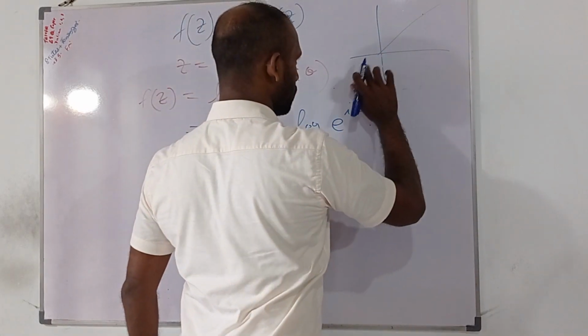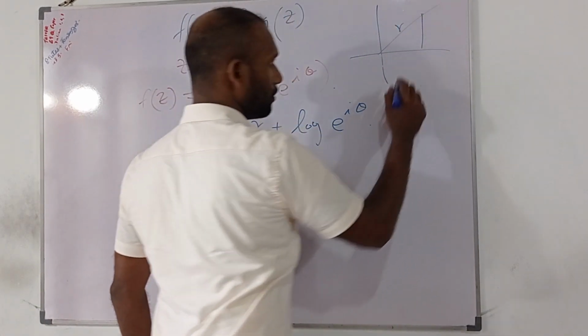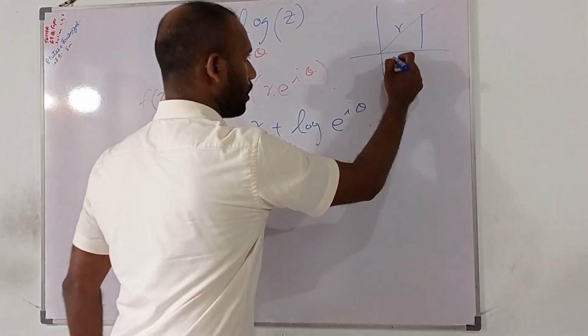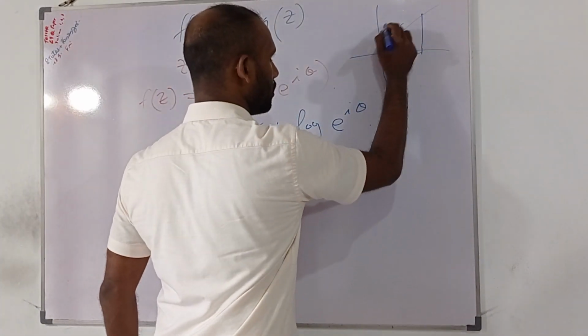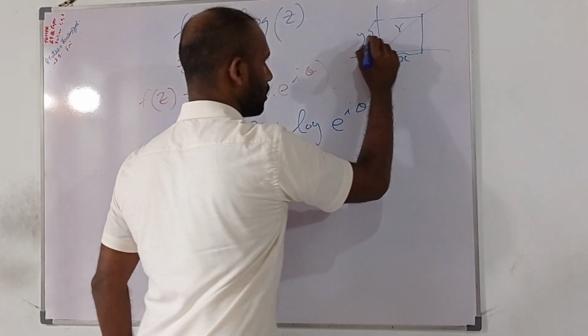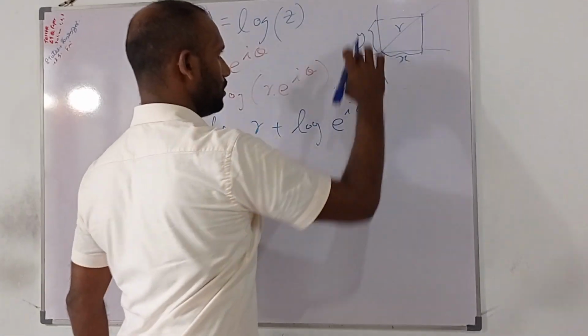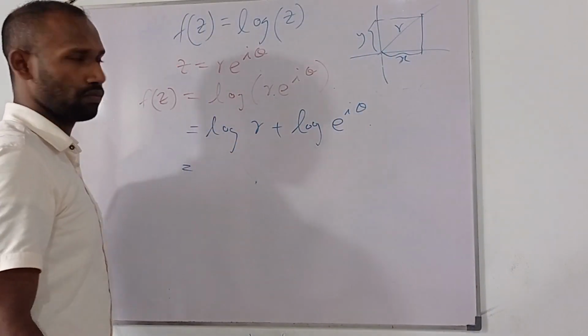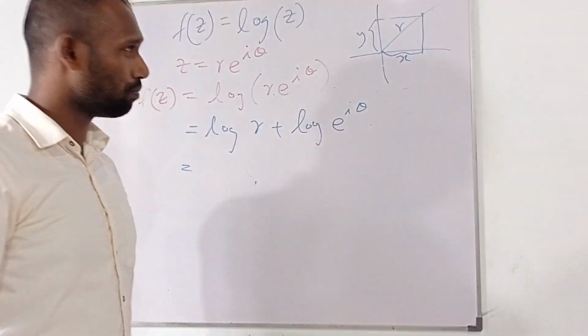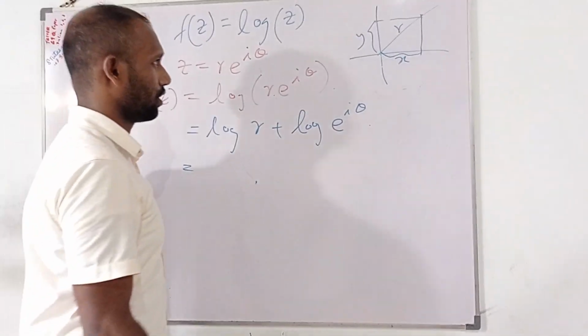So if this is r, we know that this is x, this is y, from the knowledge of polar coordinates.